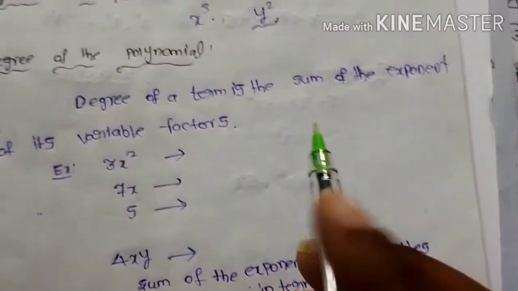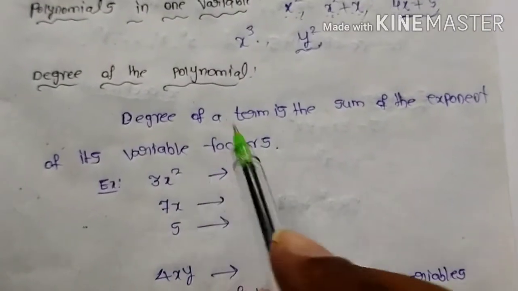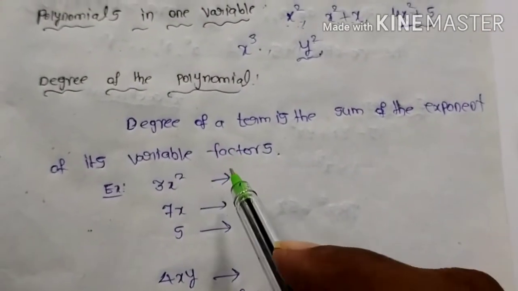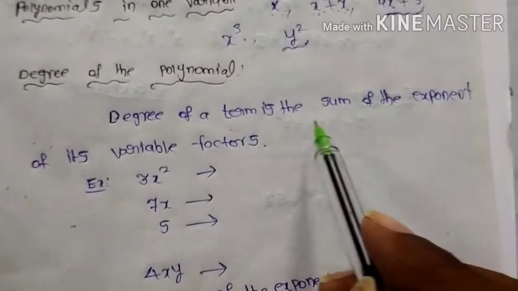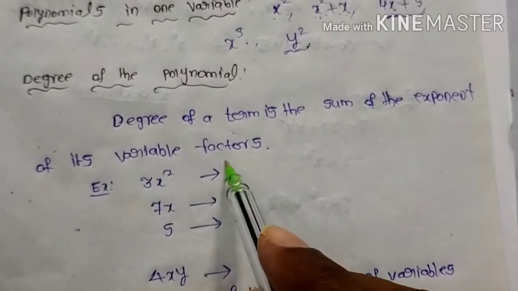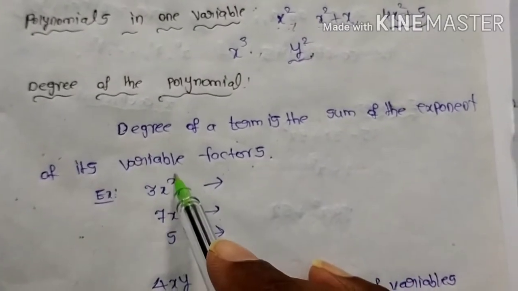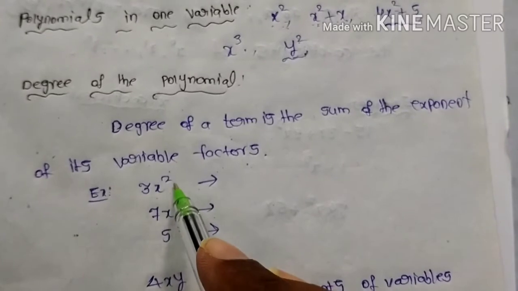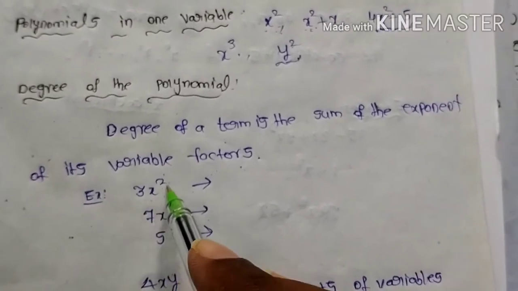Degree of a polynomial. Degree means you have to see the exponent, that means your powers. The degree of a term is the sum of the exponents of its variable factors. Here 3x square: what is the power of x here? 2.